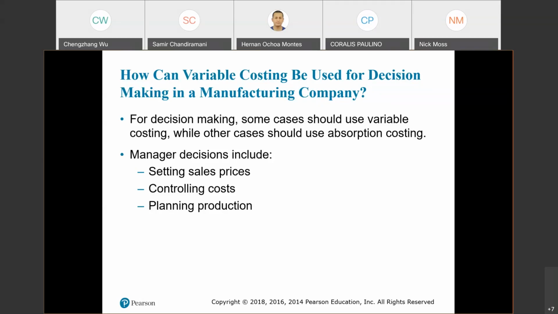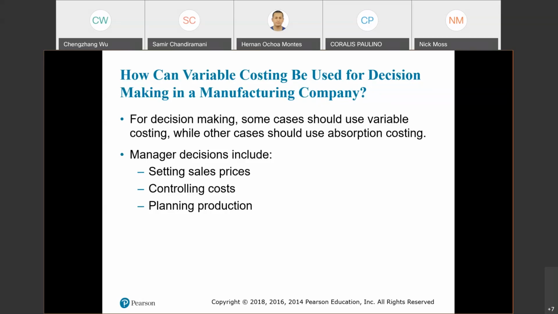Well, in this situation, fixed costs are not relevant because they would be incurred whether or not the order is accepted.